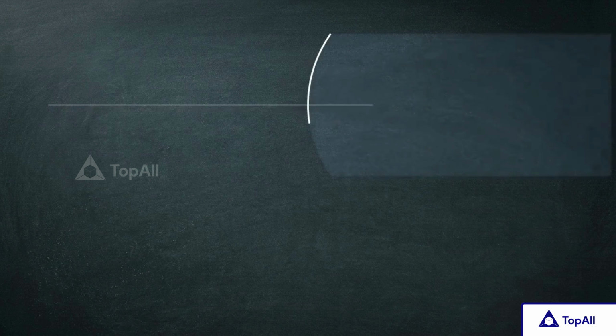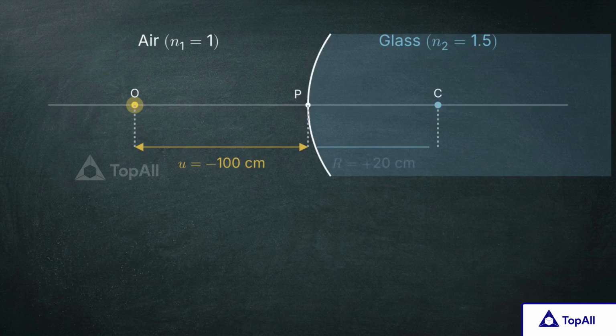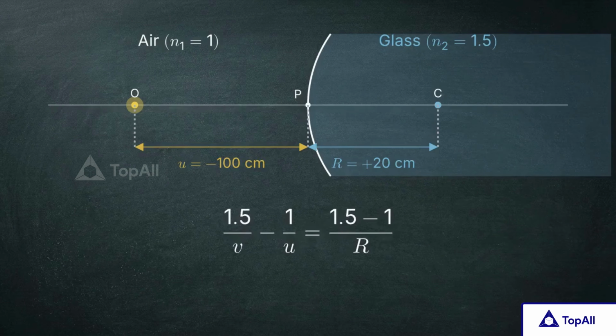This layout shows the variables for a practical test of the equation. We have a point source of light in air, located 100 centimeters away from a convex glass surface. The glass has a refractive index of 1.5 and a radius of curvature of 20 centimeters. We insert these specific values into our derived equation. n1 is 1, n2 is 1.5, u is negative 100, and R is positive 20.